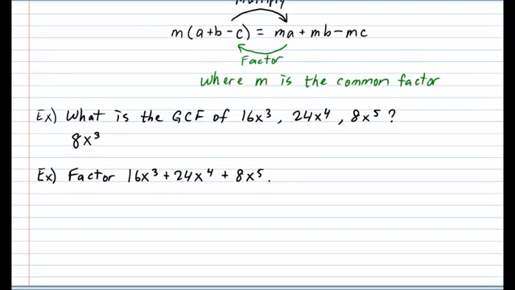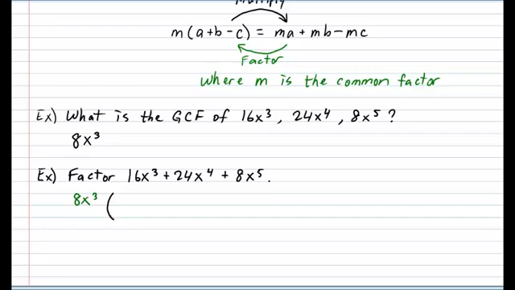Well, the first step is the same as in the previous example, which is to pull out the common factor for all three terms. So I'd like you, in your important color, to put down that greatest common factor. We found that it was 8x cubed. Now, switch back to your regular color and put a nice big bracket.